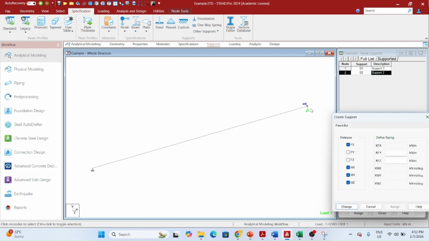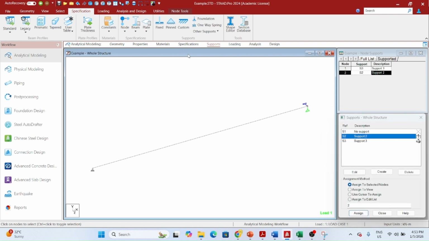So I have released Fx, and since the other end is a pin support, I am releasing all the moments as well, Mx, My and Mz. However, since we are designing a restrained beam, a laterally supported beam, I am not releasing Fy and Fz. So I am restraining the beam in the Y and Z directions, that is in the vertical as well as the lateral direction. So that is a laterally supported beam.